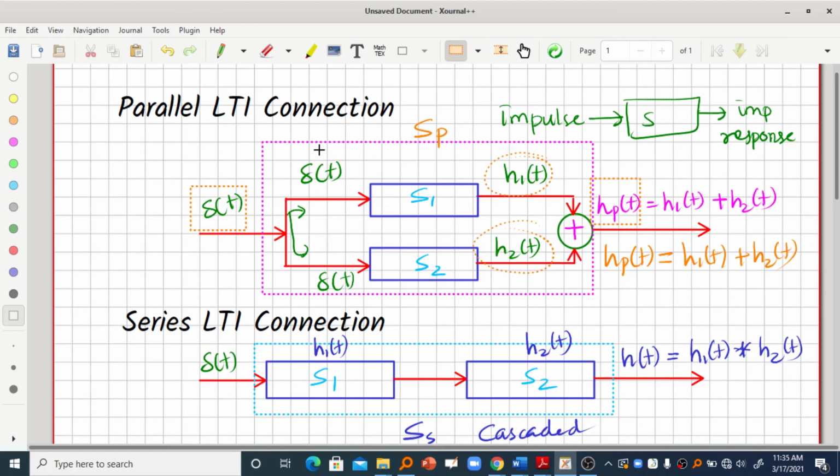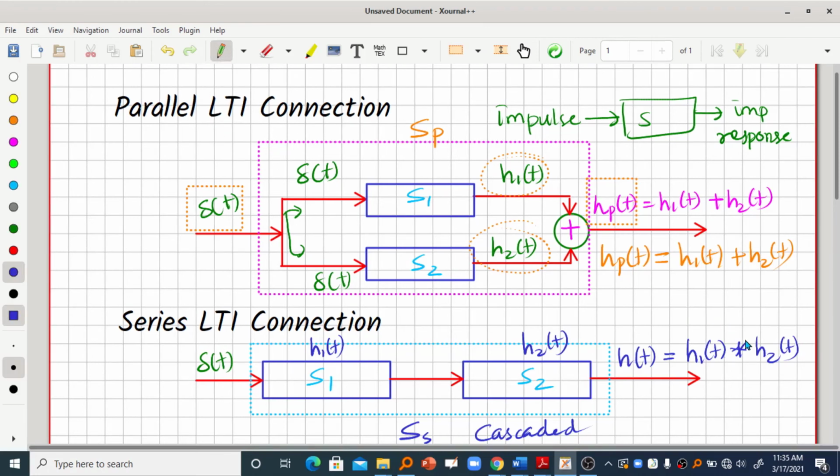We have a tendency to say the word multiplied, but please keep it in mind that it is not about multiplication, it is about convolution. We have to convolve H1 of t and H2 of t to get H of t, which is the output of the cascade system. So let us explore this further in the upcoming videos.